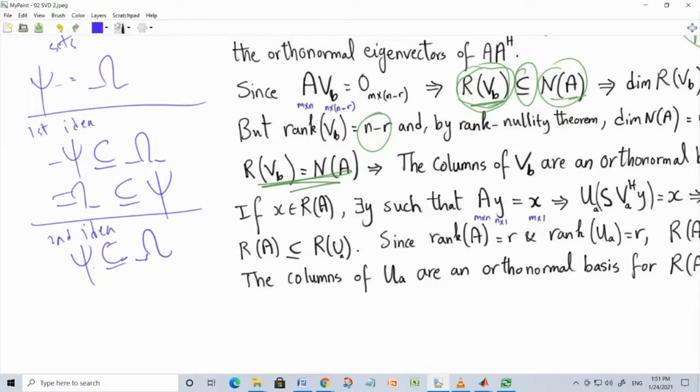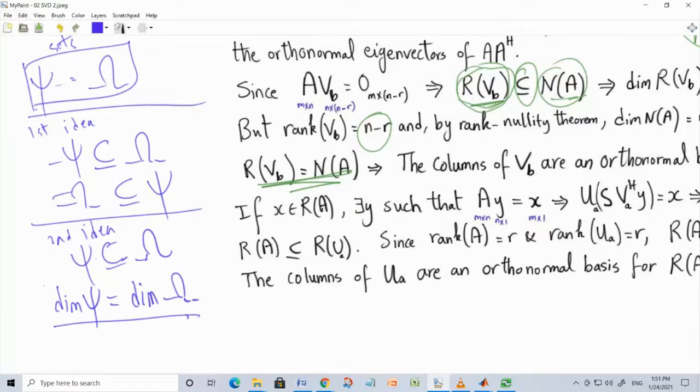This tells you that the dimension of psi is less than or equal to the dimension of omega. If you show that the dimension of psi is exactly equal to the dimension of omega, you are done. So psi is a subset of omega, but they have the same dimension. The conclusion will be that the two are the same.